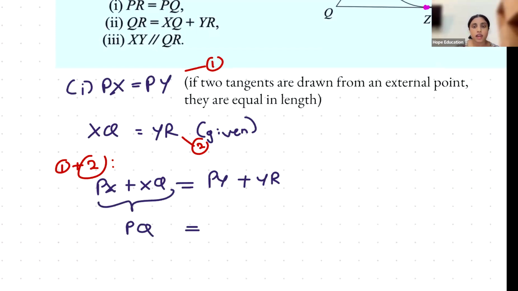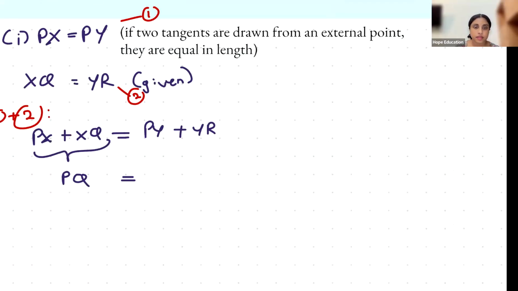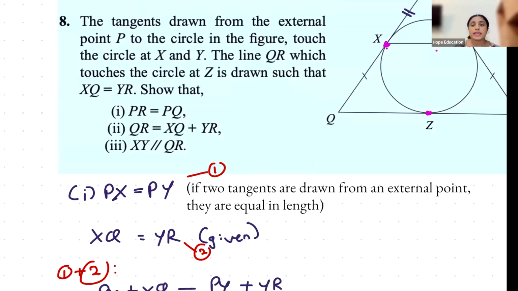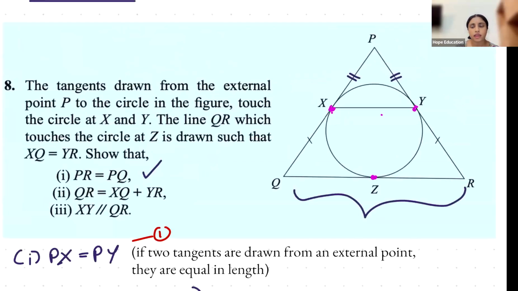PY plus YR means PR. So this is PR. That is what they're asking you to prove. So that is all good. QR is equal to XQ plus YR. Okay.